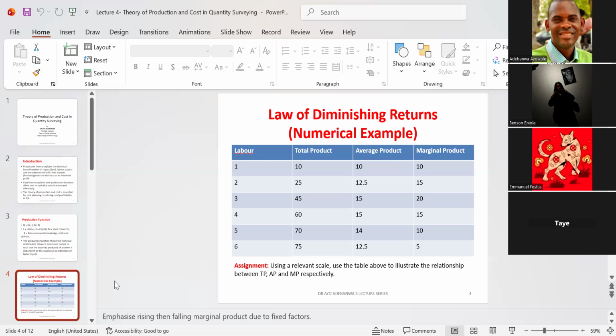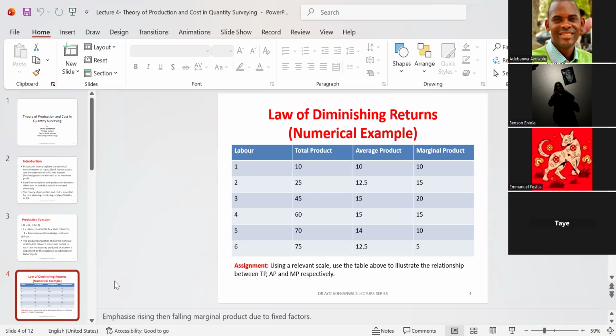Now, if you look at it, you say that the total product is increasing. But look at the additional outputs that these people are adding. You will discover that the third labor is giving an additional output of 20, because marginal product refers to additional output.